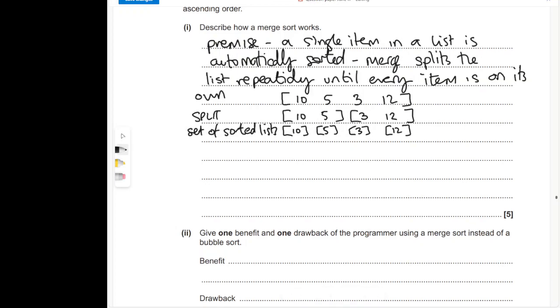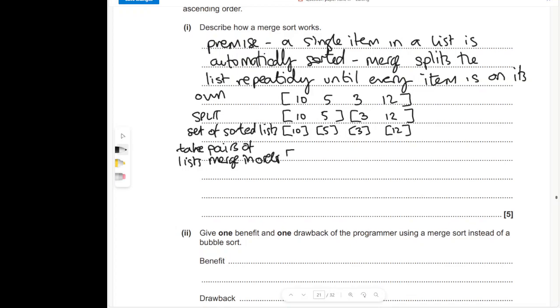Right, what we've then got to describe is this merge. So we take pairs of lists. All I'm doing is giving an example, but I'm also writing some little notes at the side. Take pairs of lists and merge in order.